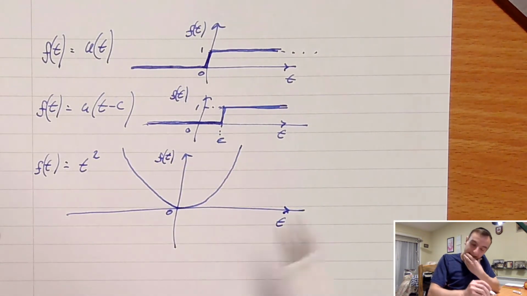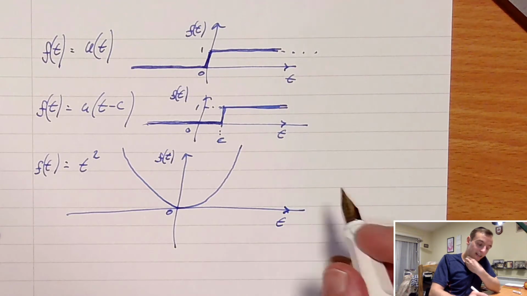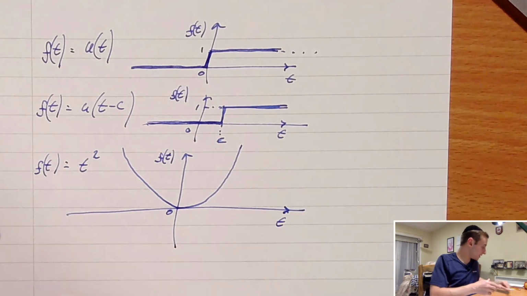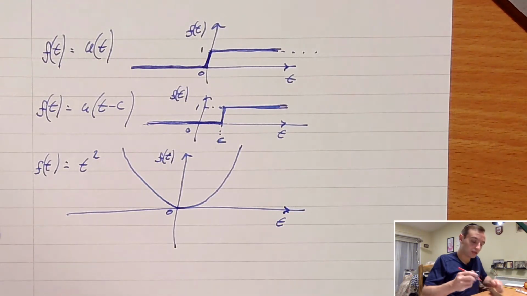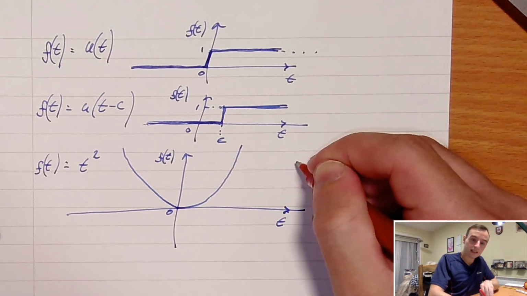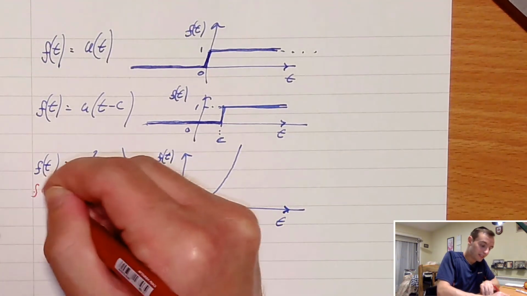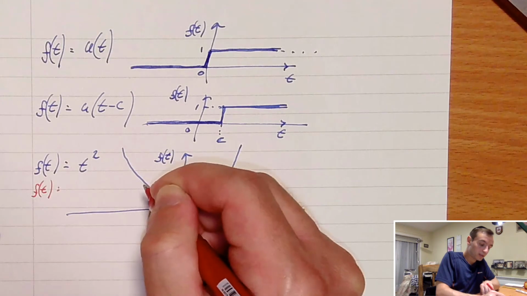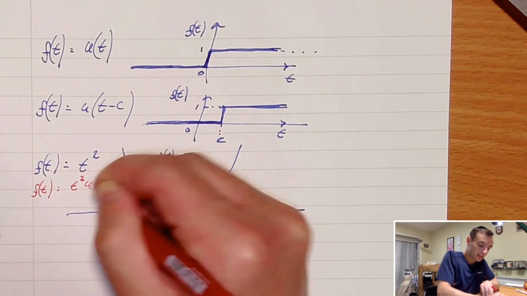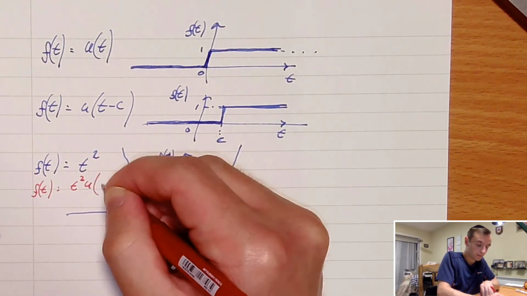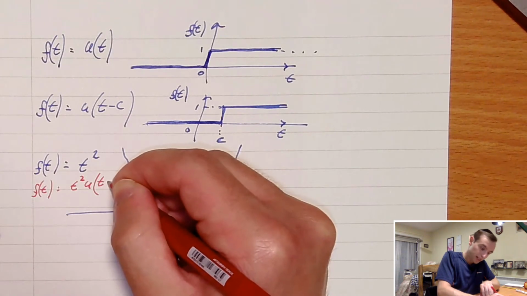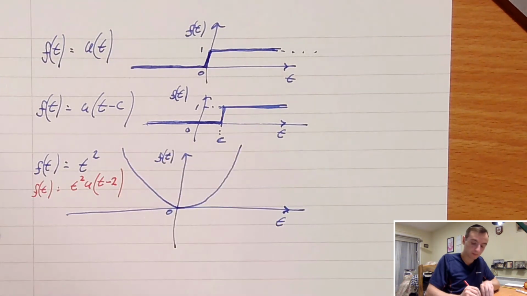Now let's say we have another function, in a different color, f(t) equals t squared times u(t minus 2).